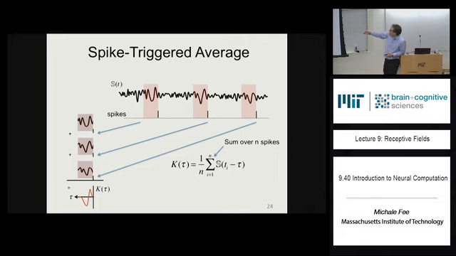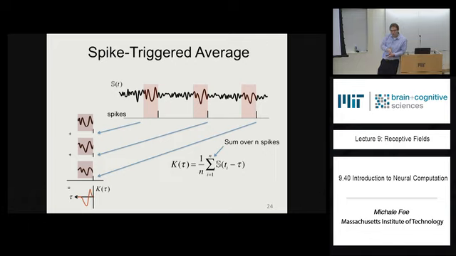This neuron likes to have this very fast wiggle, a negative followed by a positive. But if the stimulus you put in just varies slowly, then it doesn't have the kind of signal that's needed to activate this neuron.